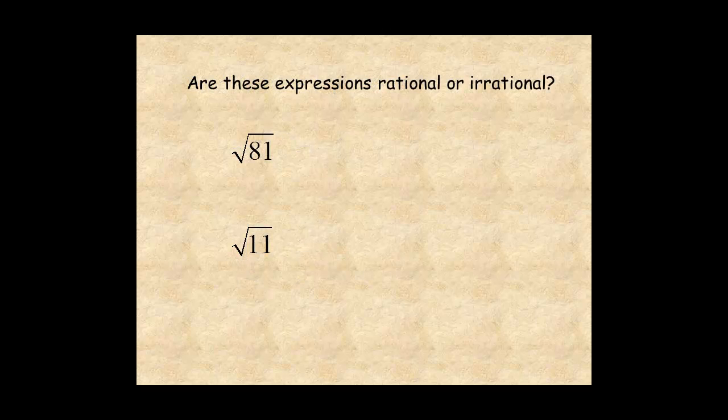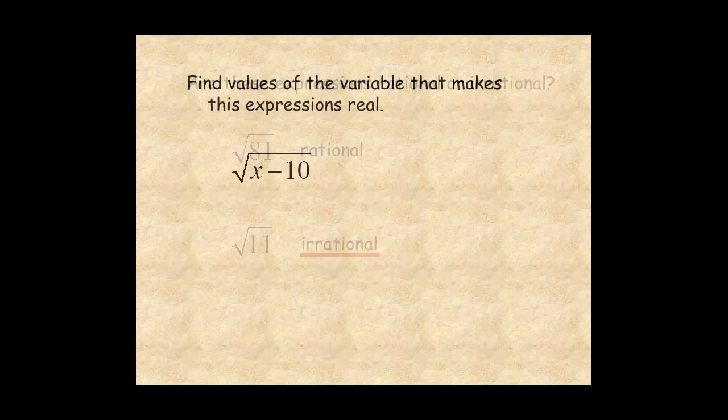You should be able to determine if these expressions are rational or irrational. Radical 81 is rational because 81 is a perfect square. And radical 11 is irrational because 11 is not a perfect square. And finally, you should be able to find the values of the variable that makes this expression real.